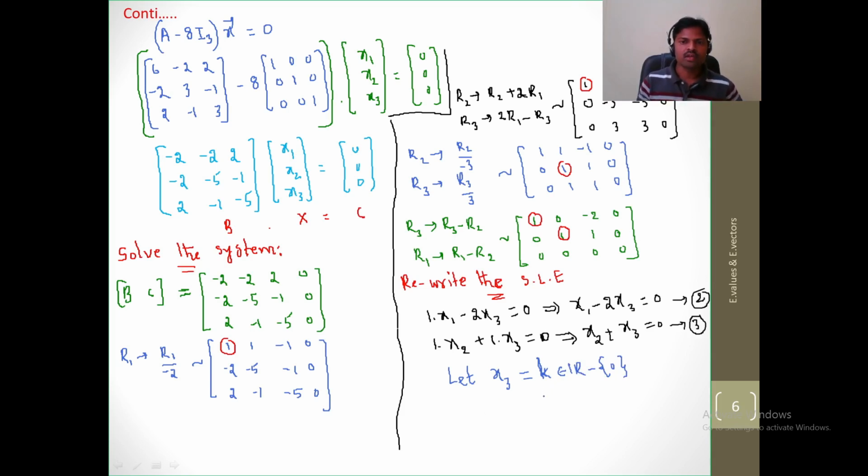If x3 is equal to k, then from equation number 2, x1 is equal to 2 times x3, which is 2k. Next, from equation number 3, x2 is equal to minus x3, which is minus k.